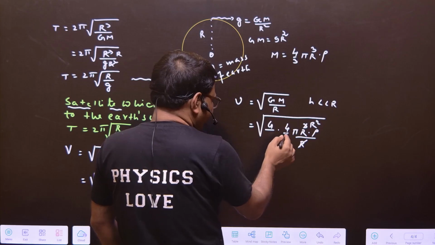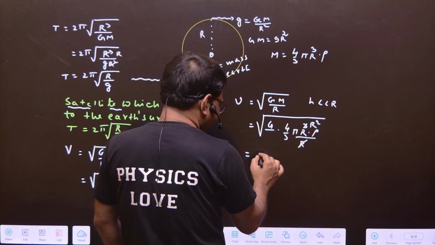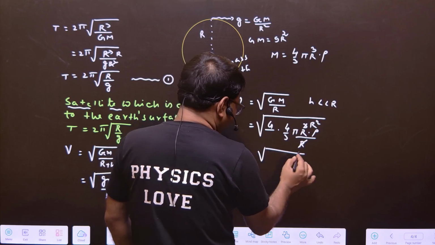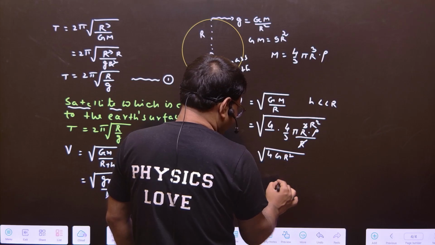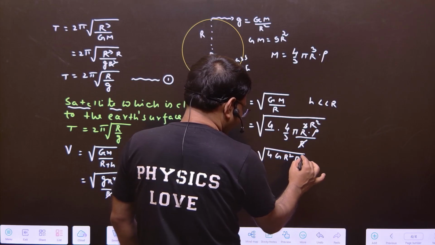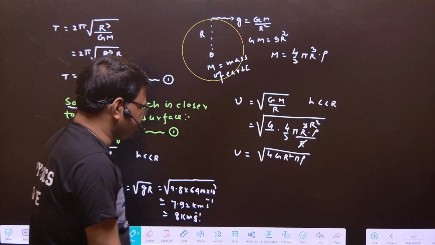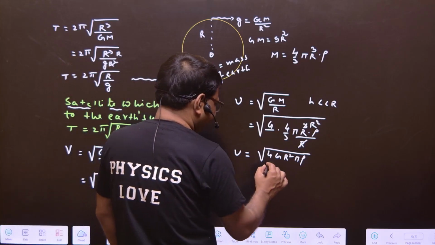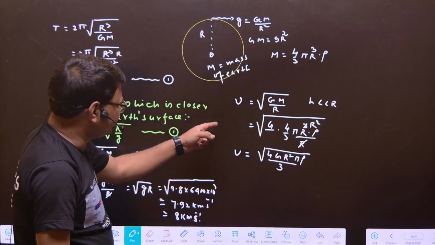So now the velocity will come in terms of density: root over of 4 G r square pi rho divided by 3. It is also one form of the orbital velocity of the satellite.